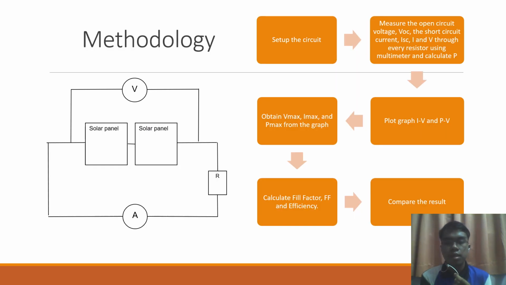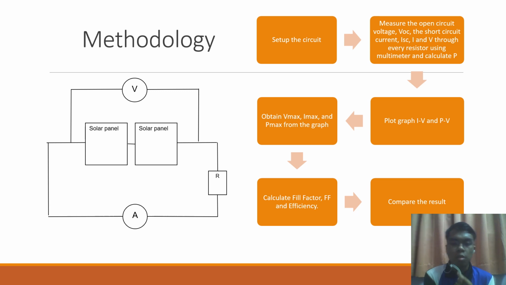The first step of the methodology is to set up the circuit as shown in the figure, and then we measure the open circuit voltage VOC and the short circuit current ISC of each solar panel. Then we change the resistance value of the power resistor and record the values of I and V, and then we can calculate the power of the solar panel.